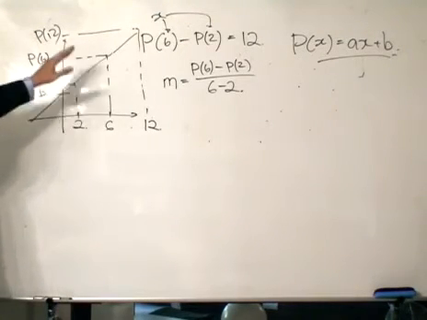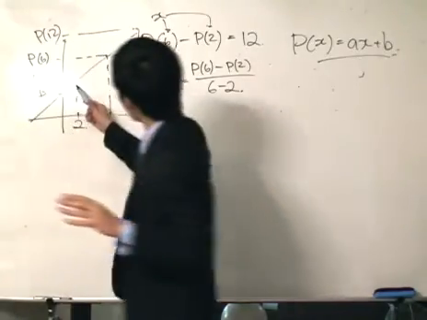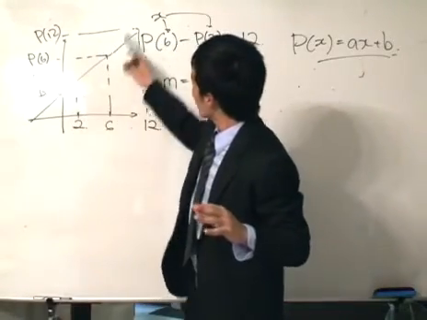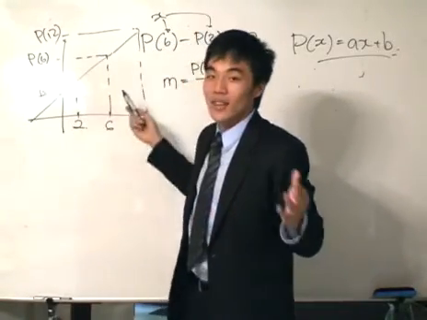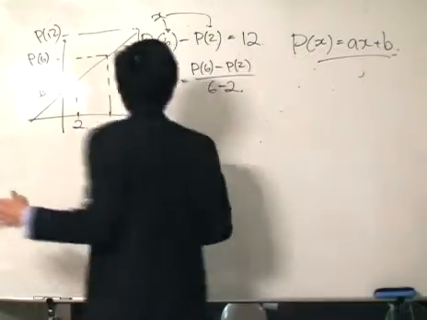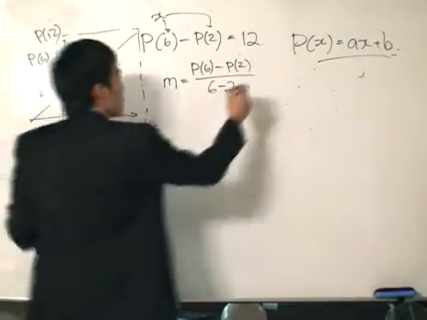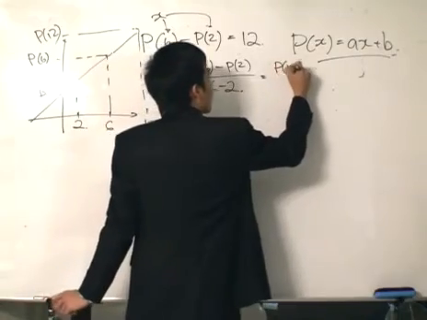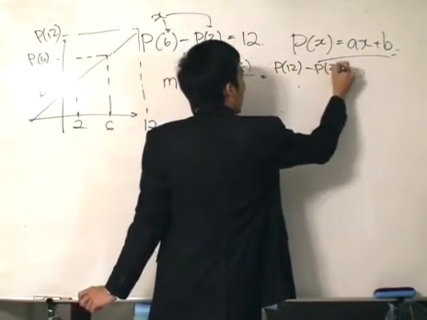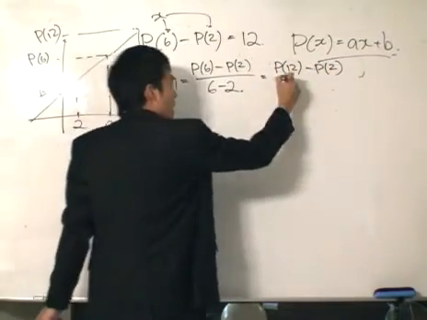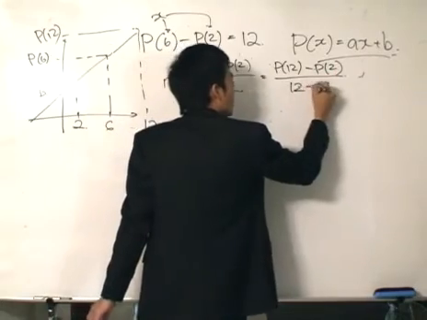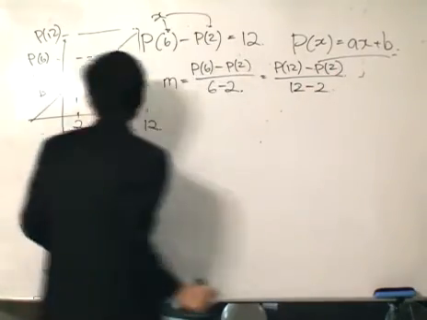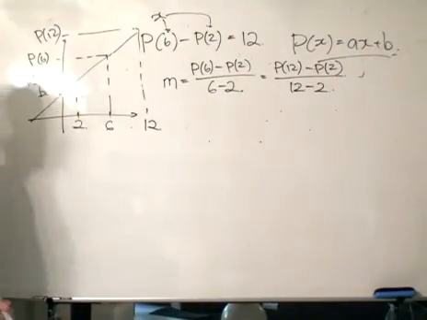Looking at the graph, we know that this gradient is also equal to the gradient over here because it's a straight line, so the gradient is the same. This would equal P(12) minus P(2), what we want to find, divided by 12 minus 2, the difference in the x coordinates.